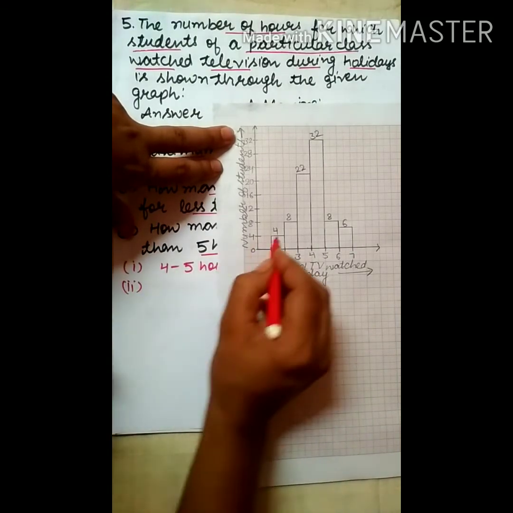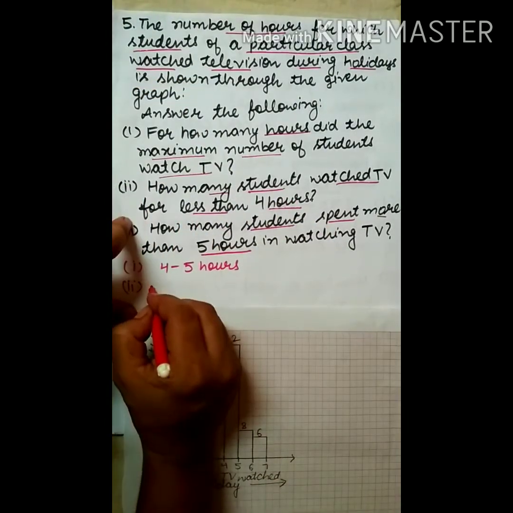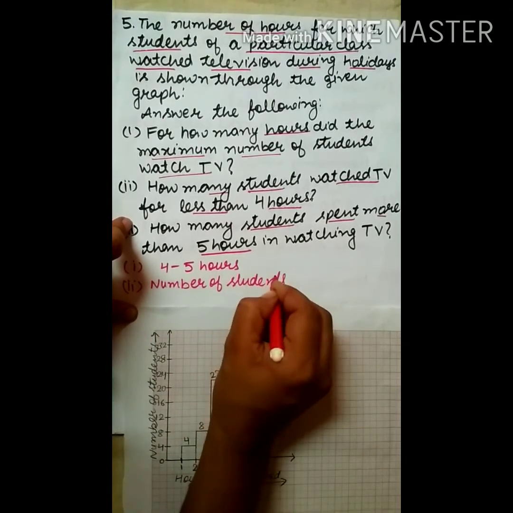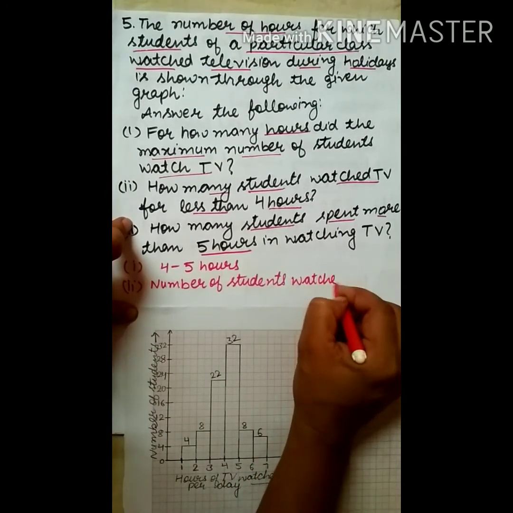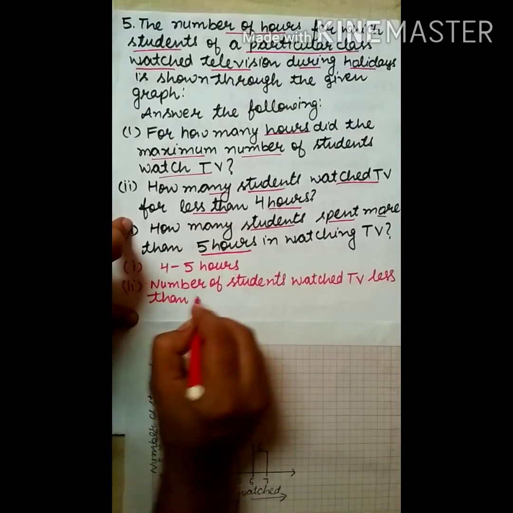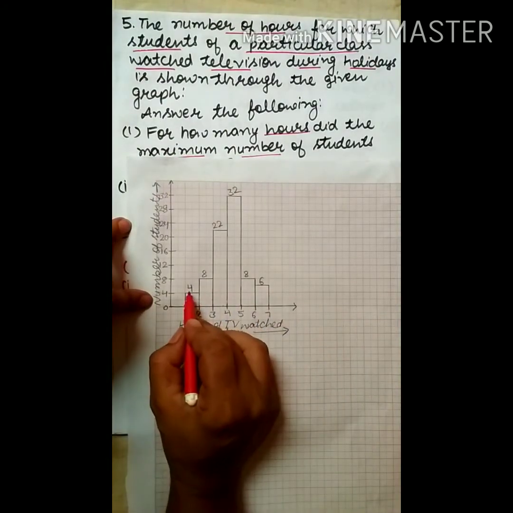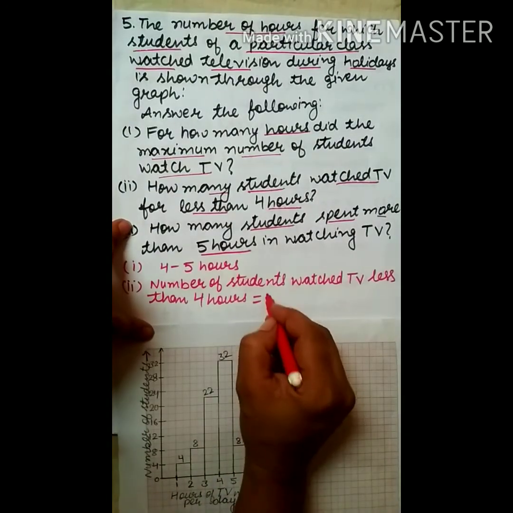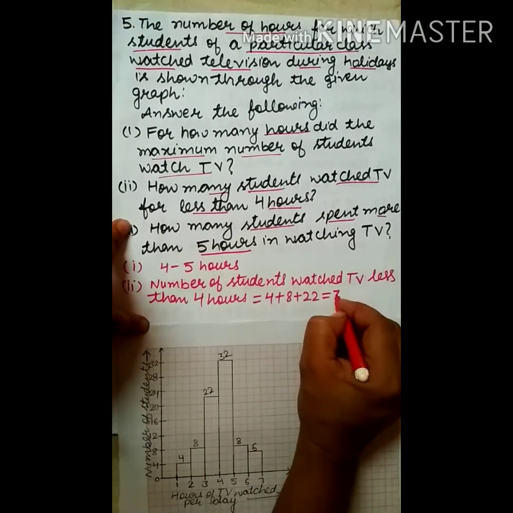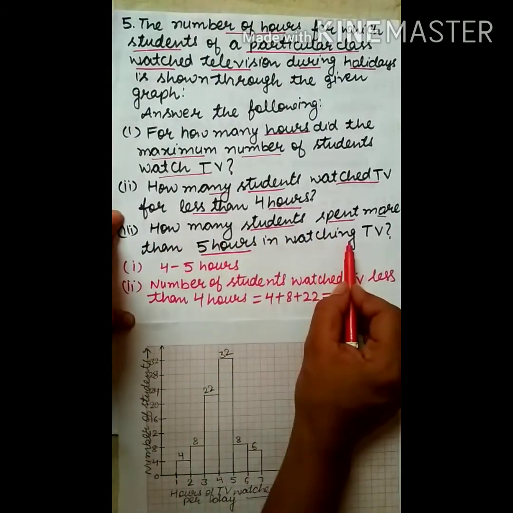So for the second part, the number of students who watched TV less than 4 hours is equal to, from the graph, 4 plus 8 plus 22, which is equal to 34.